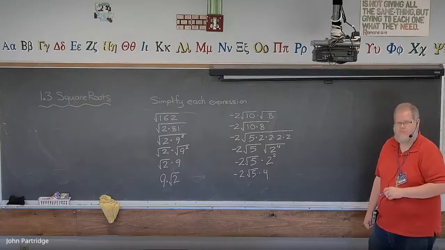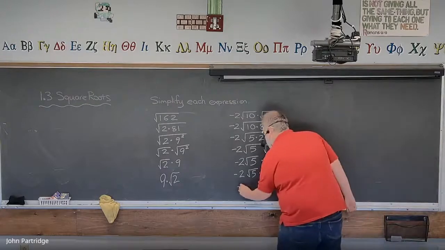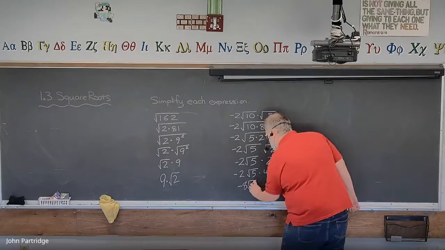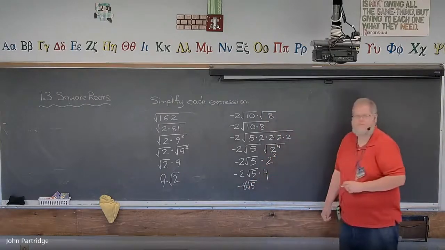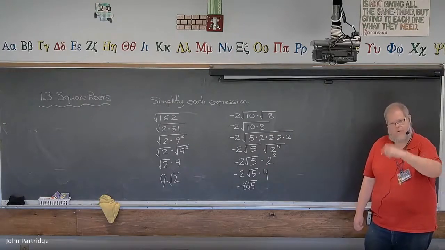Negative 2 times the square root of 5 times 4. Final answer, negative 8 times the square root of 5. Go ahead and pause the video.